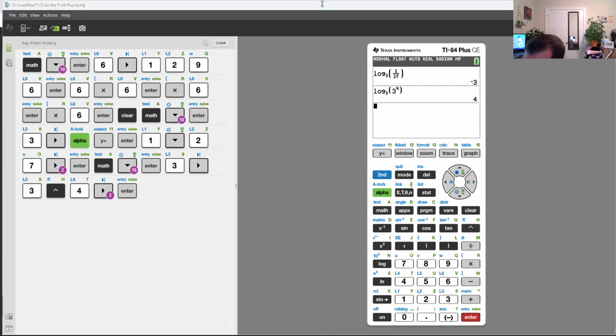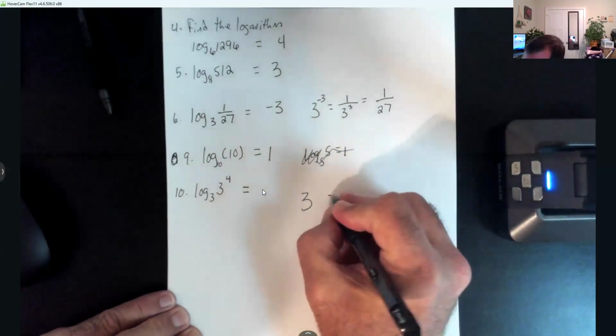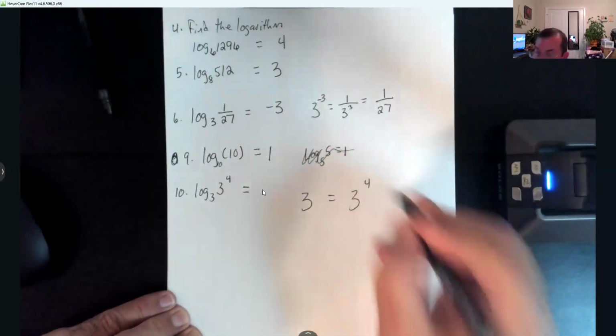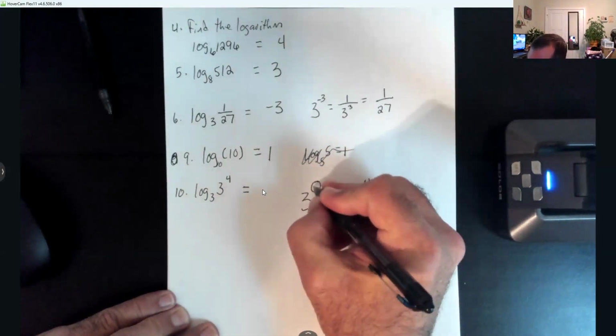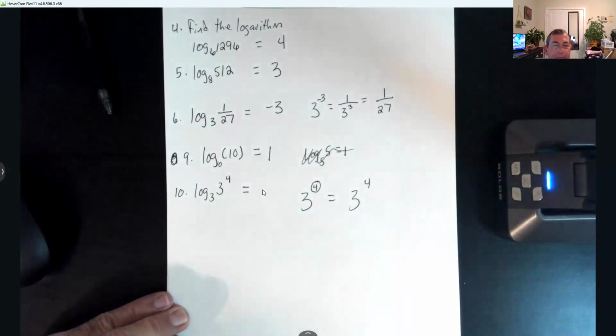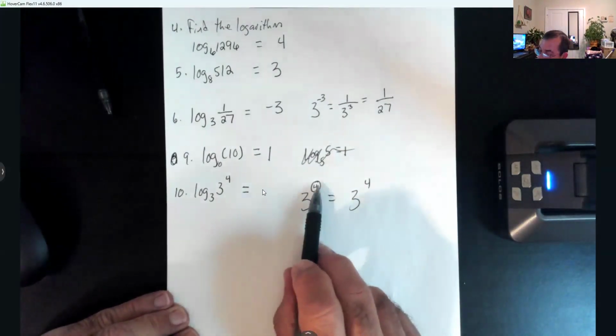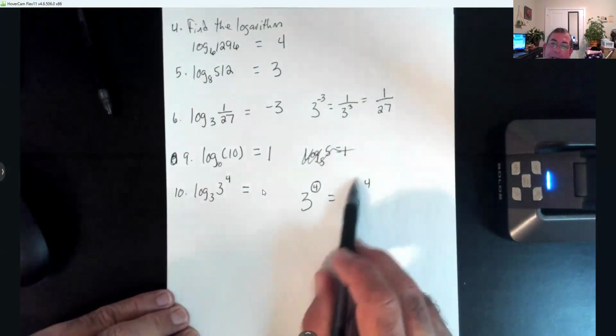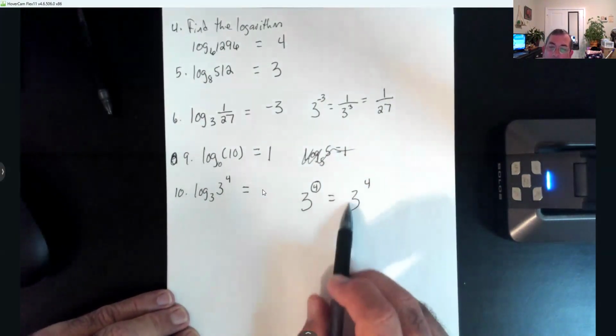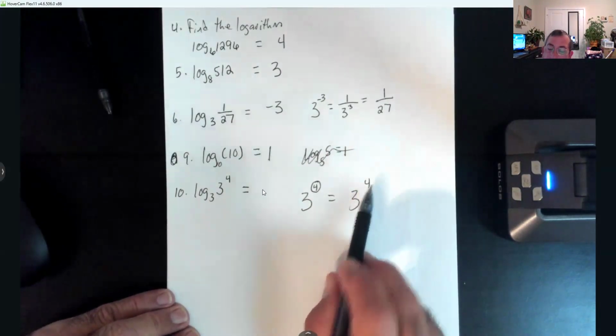If I want this base 3 to look like this result of a 3 to the fourth, that means this exponent here has to be a 4. So 3 to the fourth will equal 3 to the fourth. They just didn't make this 81. They just wrote it as an exponent.